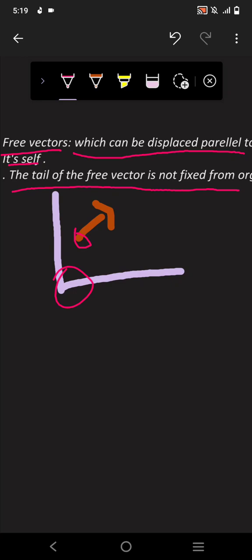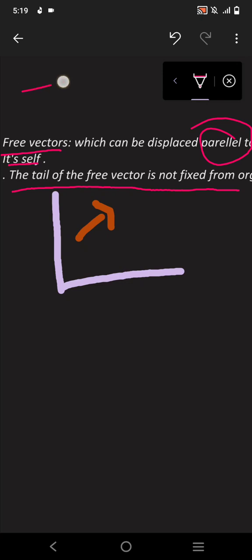That is why these are known as free vectors. So for example, this is the free vector, and I am going to displace it parallelly, as the free vector definition says. Parallel means in the same direction.